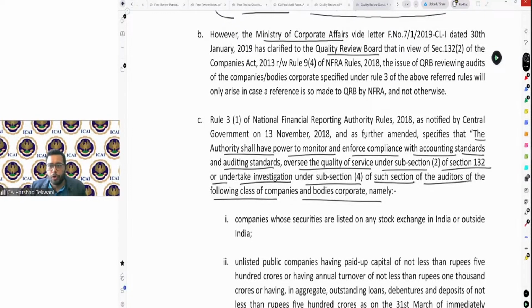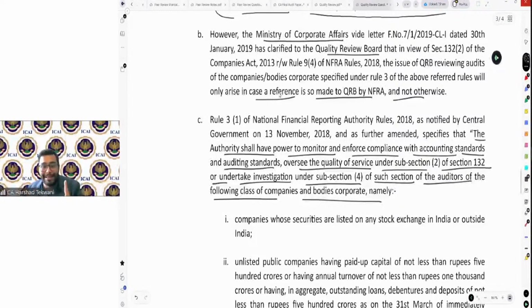So the quality review board can only review if the reference has been made by NFRA, not otherwise. And we saw 9.1, 9.4, where the reference is made. Unless and until a reference has been made, these entities cannot be reviewed by the quality review board.